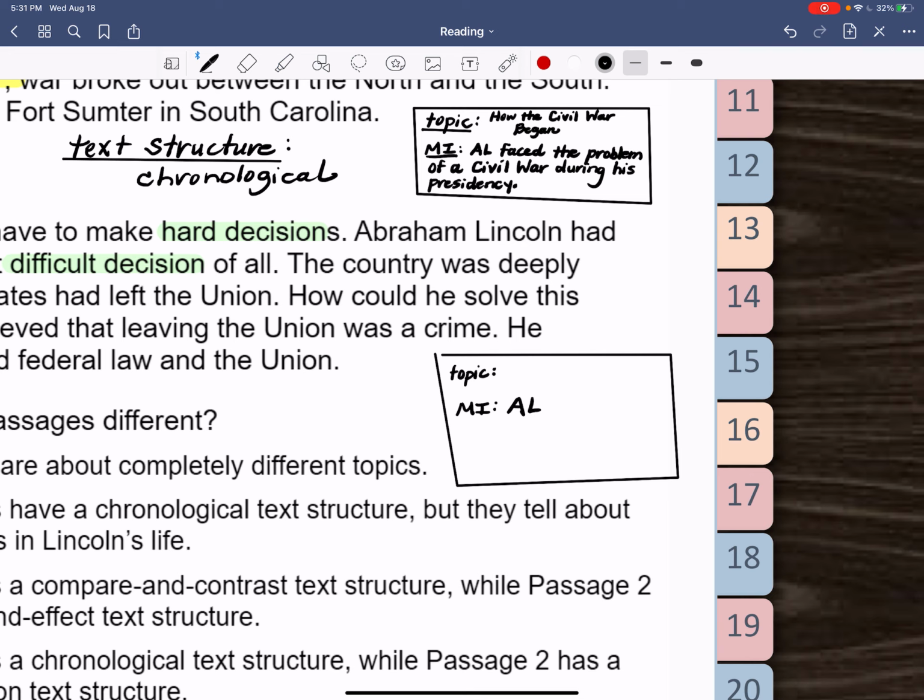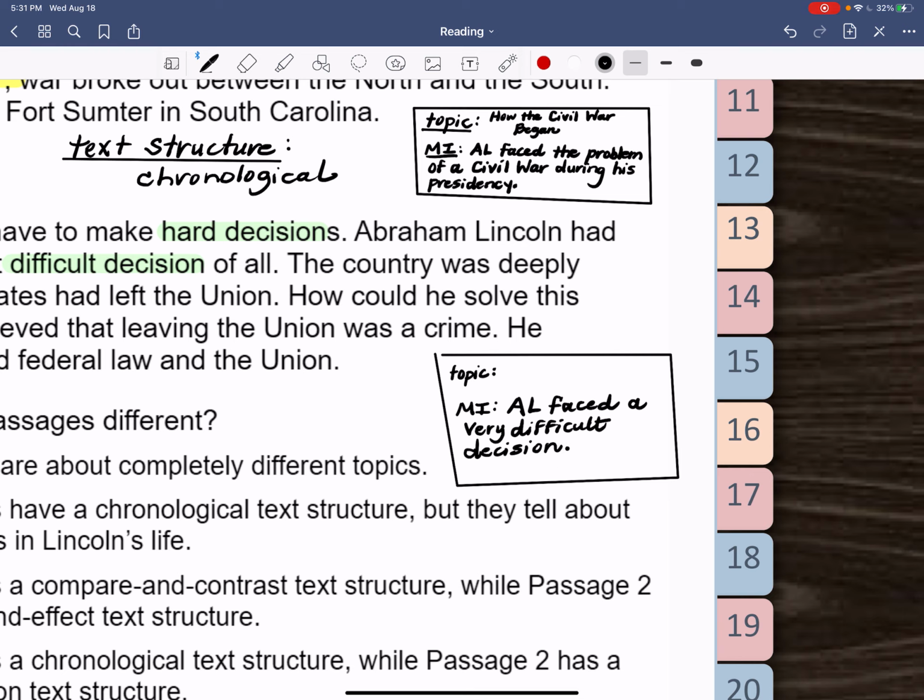Abe Lincoln, well, I'm not going to use the same idea. Let's say that Abe Lincoln faced a very difficult decision. Or made a very difficult decision.